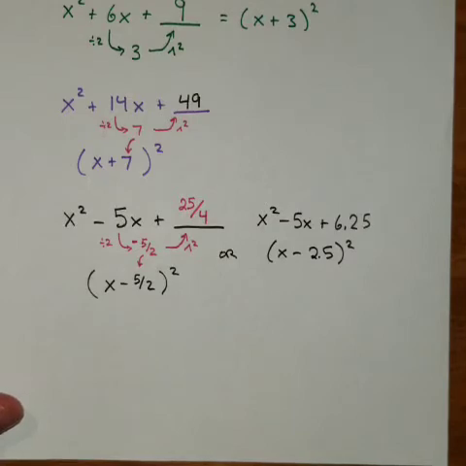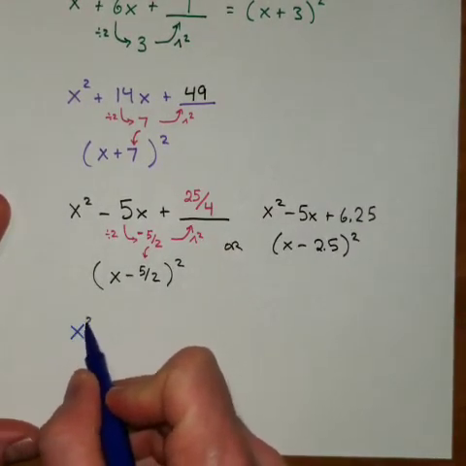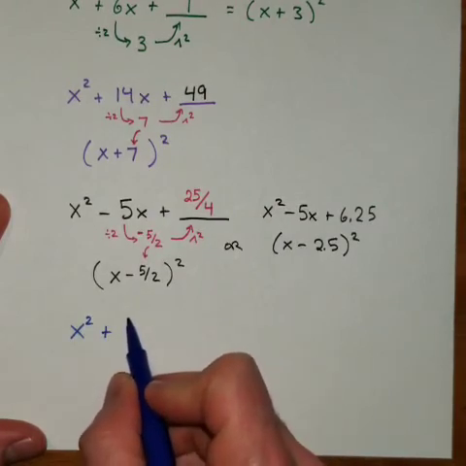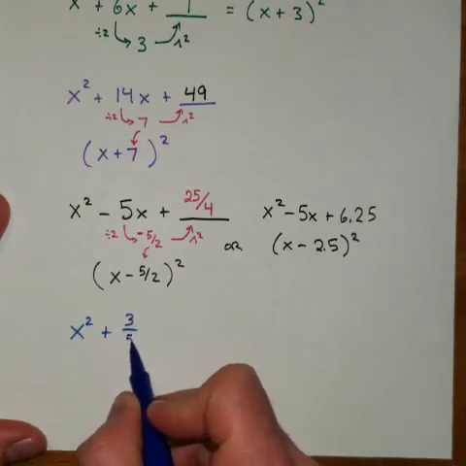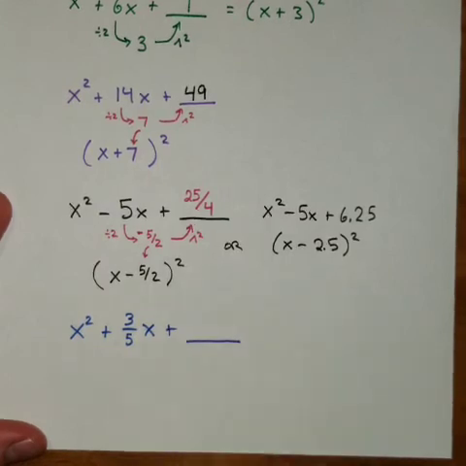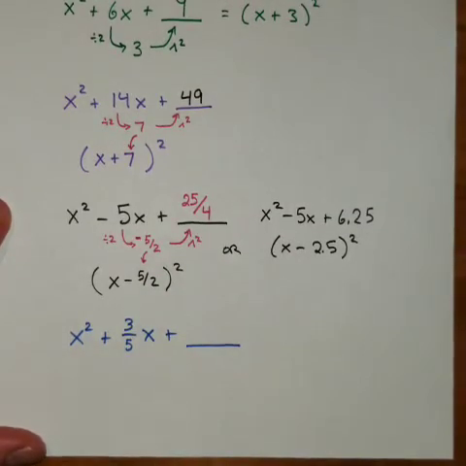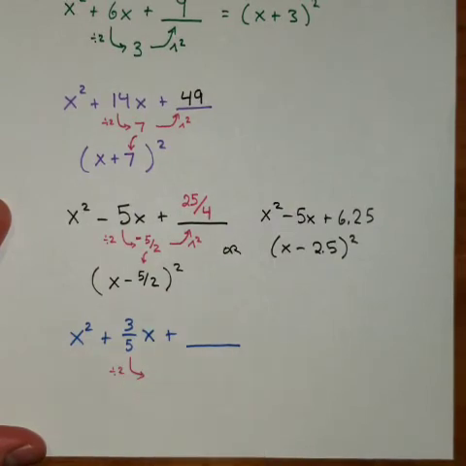This last example is going to involve a fraction. So if I had something like x squared, we'll go plus, let's say, 3/5 x. I'm making these a little bit more difficult. So x squared plus 3/5 x, again, you're going to take that middle term, you're going to cut it in half, divide it by 2.